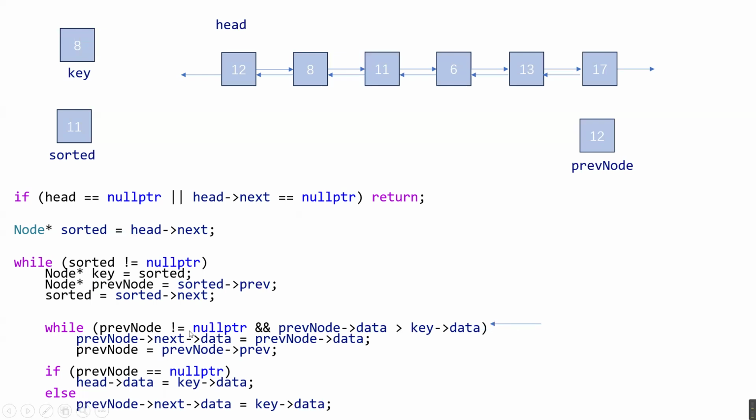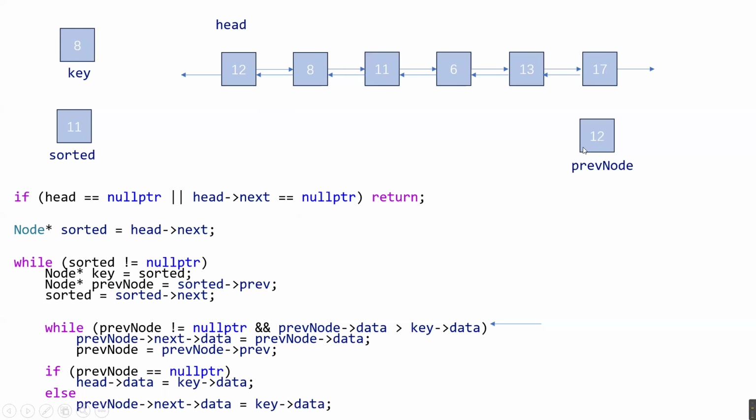And then the previous node is not a null pointer, right? And the previous data, the 12, is greater than the key. Actually, we can use the previous node in the current step to represent the sorted sequence, and the 8 should be the template we traverse from the first element over the unsorted sequence, right?